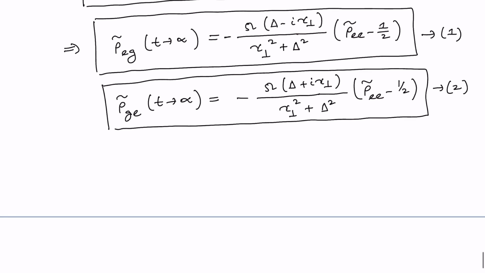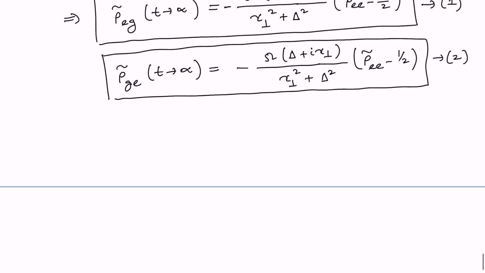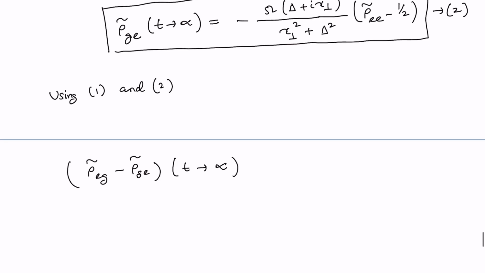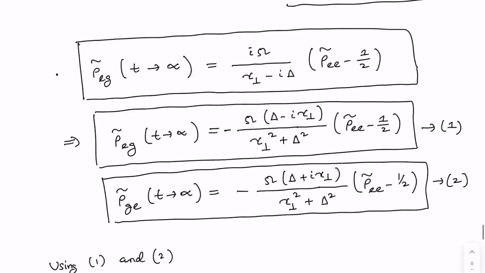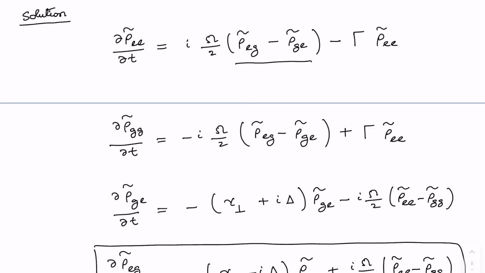Now what about the populations? To do that, let me use equation 1 and 2. Using 1 and 2, I can find out what is rho tilde EZ minus rho tilde ZE as t tends to infinity, that means in the steady state. This I will require because I want to find out now rho tilde EE, and this particular term is there.